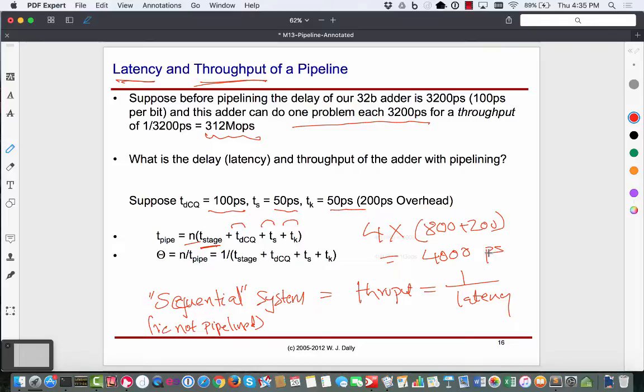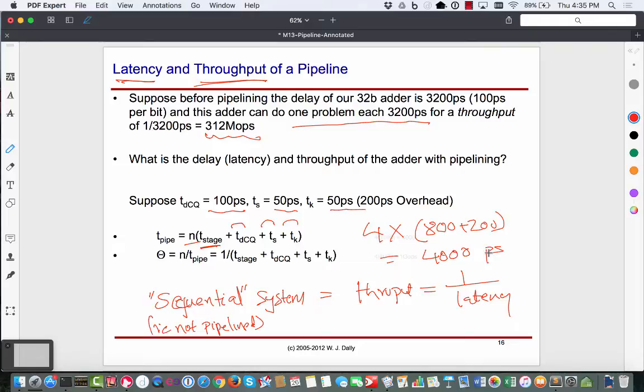So the latency through the whole system previously was 3200 picosecond. Now it has gone up to 4000 picosecond because I'm paying this additional delay corresponding to the 4 registers. But it has not gone up 4 times, even though we are taking 4 clock ticks.